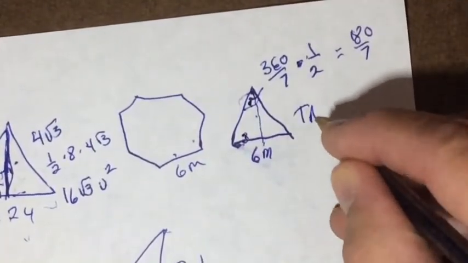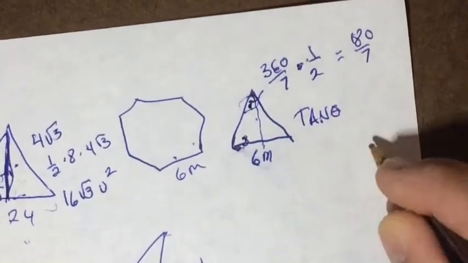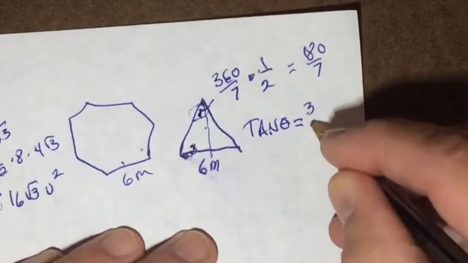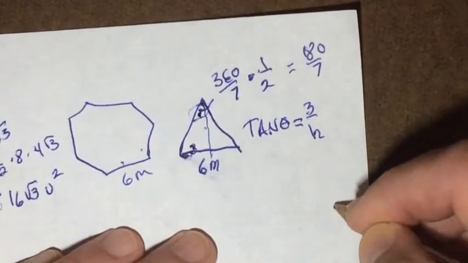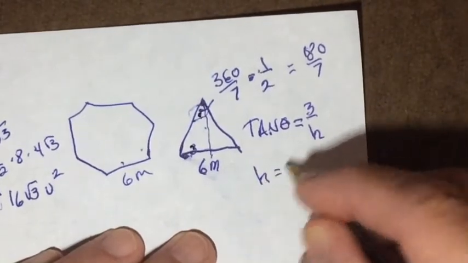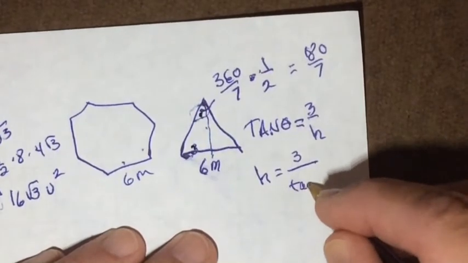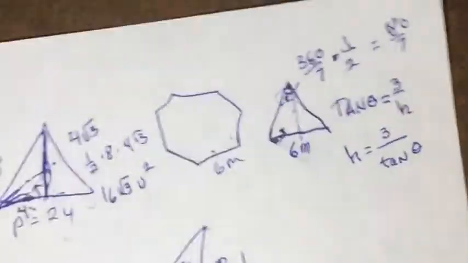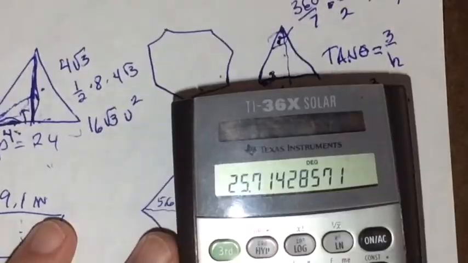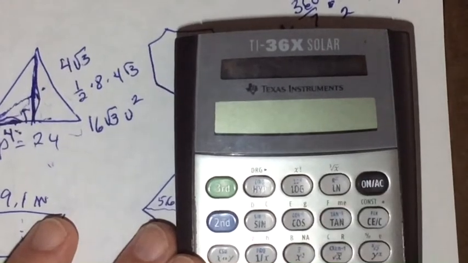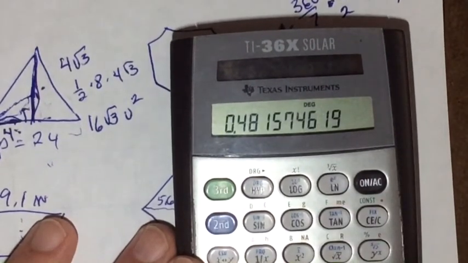So the tangent of that angle we just found is equal to the opposite over the adjacent, which means that the height is equal to 3 divided by the tangent of that angle. So I can actually do that this way. Okay? And if I want the tangent of that, with this calculator, I have to push the tangent button. That's the tangent of that angle.